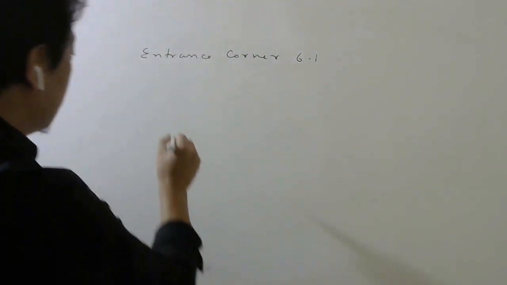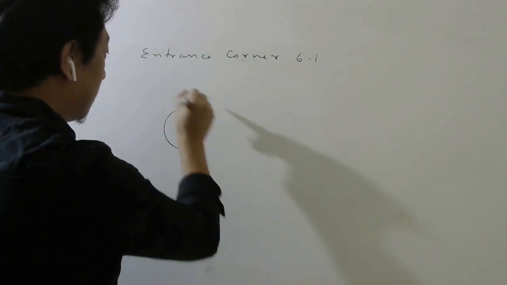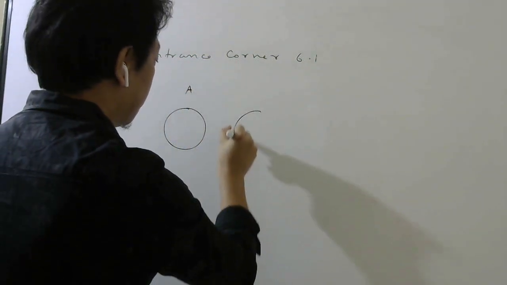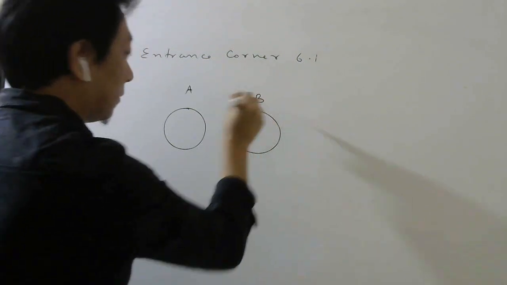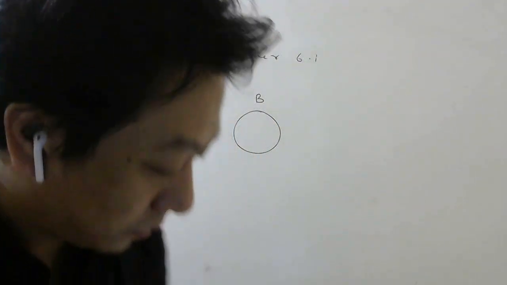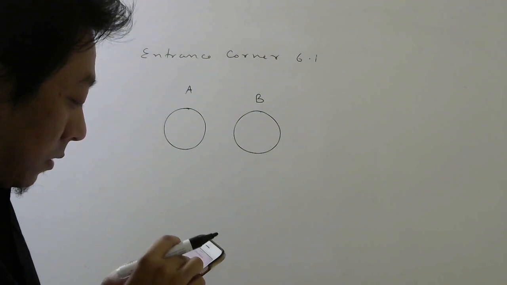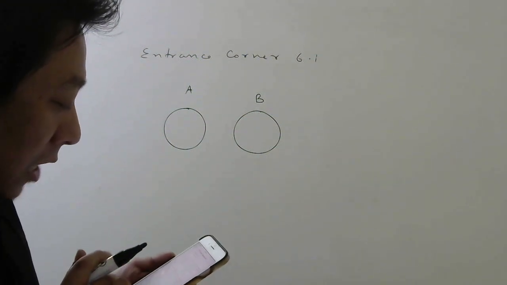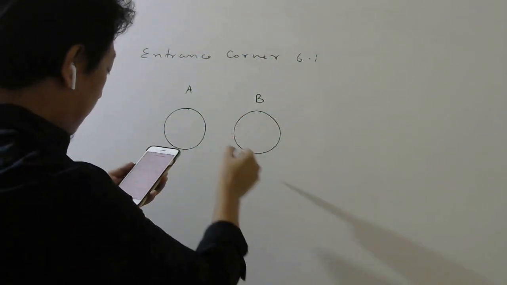Let us see question number 8 now. There are two coils A and B as shown in the figure. The current starts flowing in B as shown.